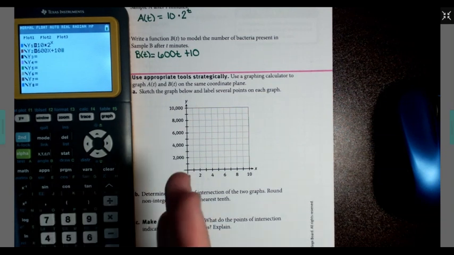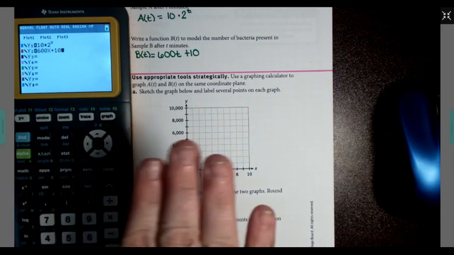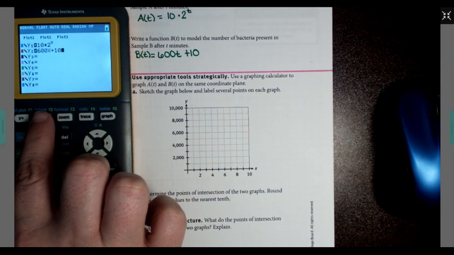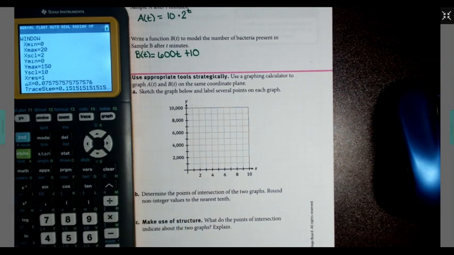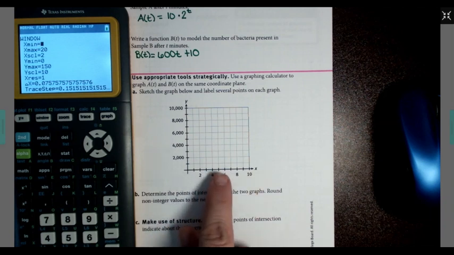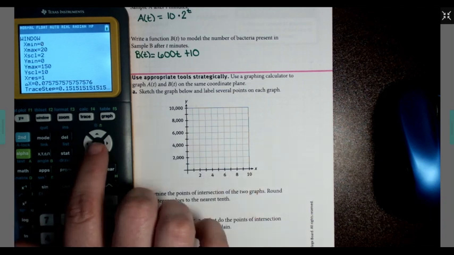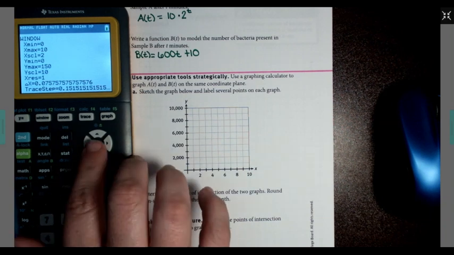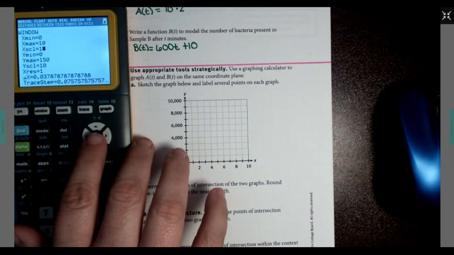The next thing I'm going to do, it doesn't make sense to graph it if it doesn't match my grid. So I'm going to change my window before I even graph it. So go to Windows. I want to go from 0 to 10, and I'm going to count by ones. So my X min is 0, my X max is 10, and I'm going to count by ones.